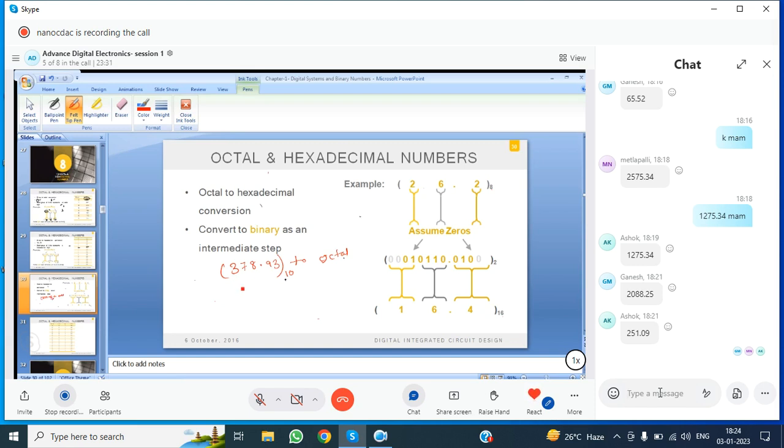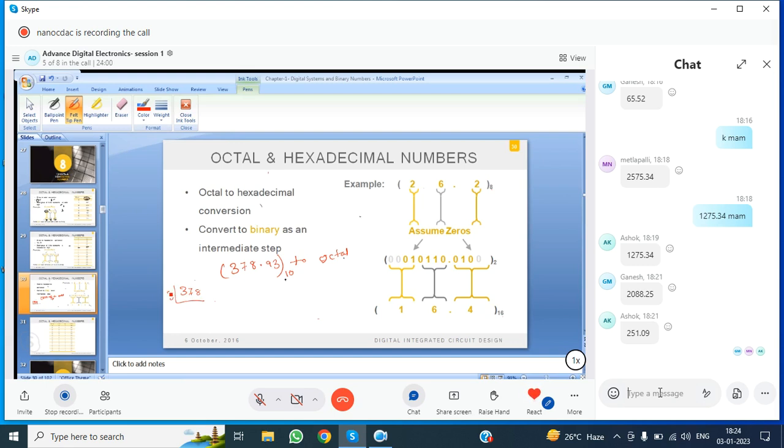From binary you can make 3 bits as a group, and you can tell me the octal equivalent. Otherwise you can take 378.